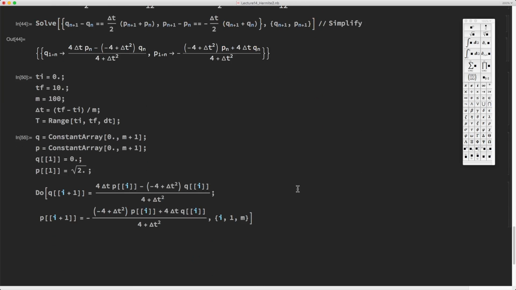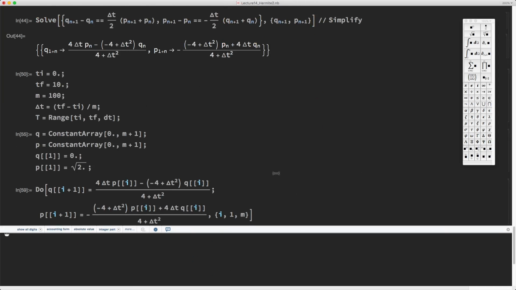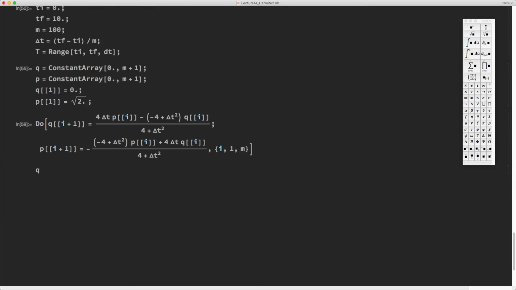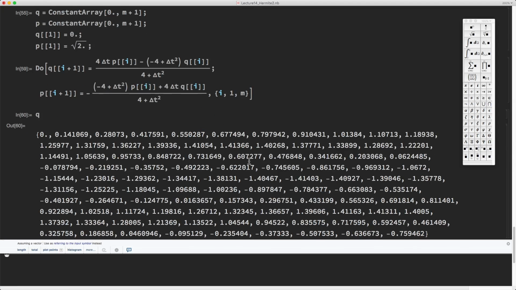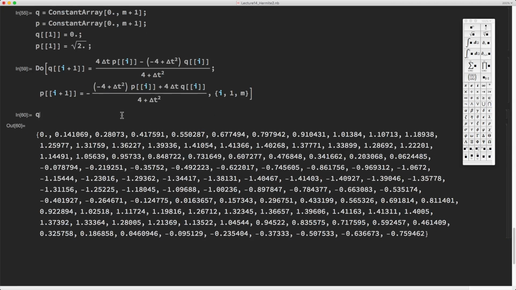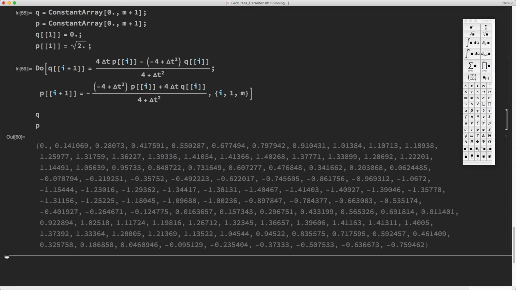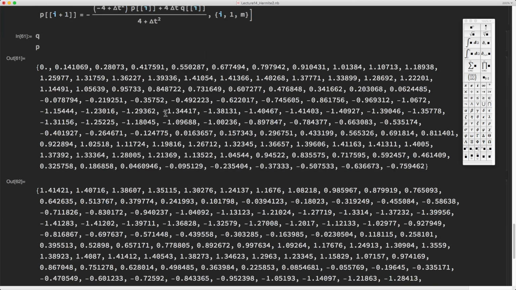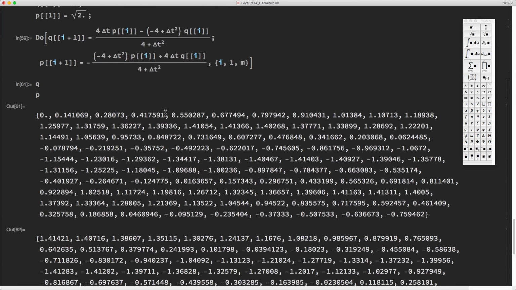Okay, so let's try this, and let's try and display the solution. So this is q. It looks reasonable, and let's look at p. That also looks reasonable. Now, to compare, we can compare to the analytical solution, but before we do that, let's check if the energy is conserved.